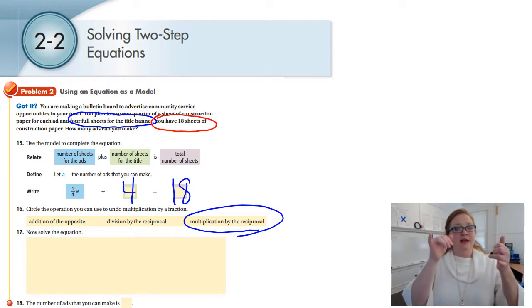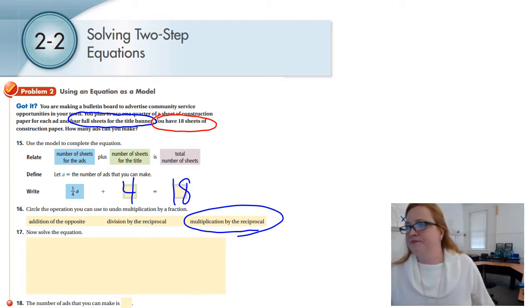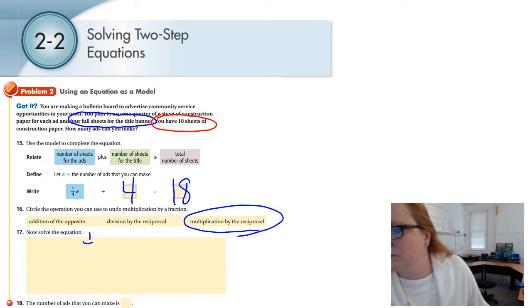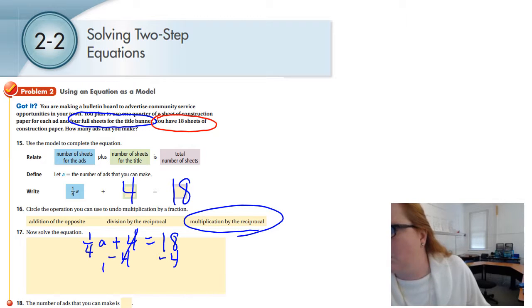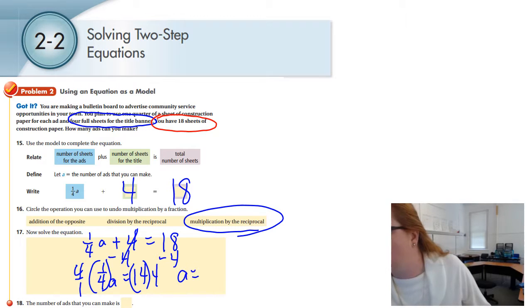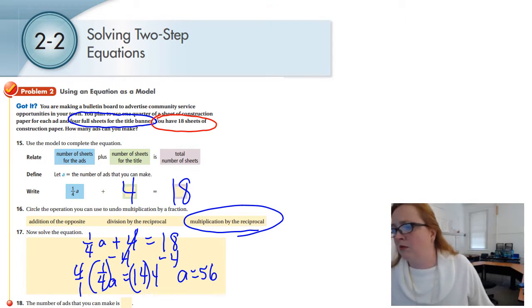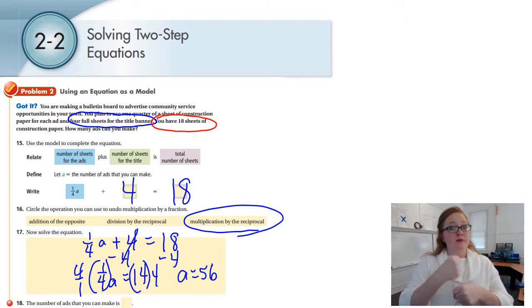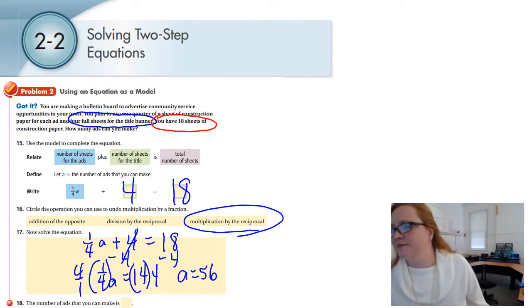Number 17, now solve the equation. The number of ads you can make is 56.